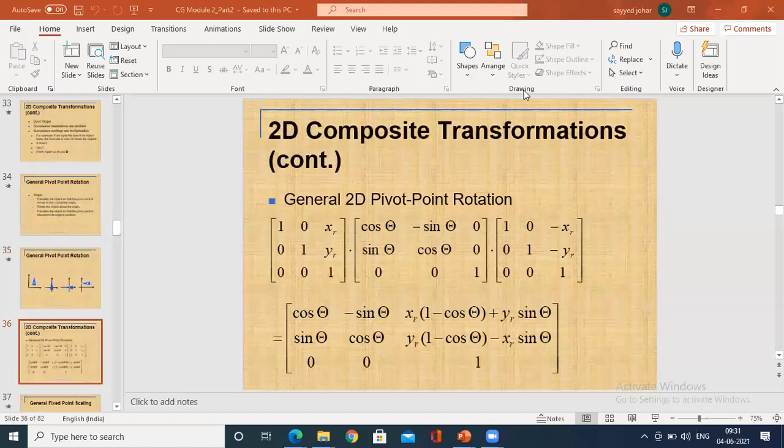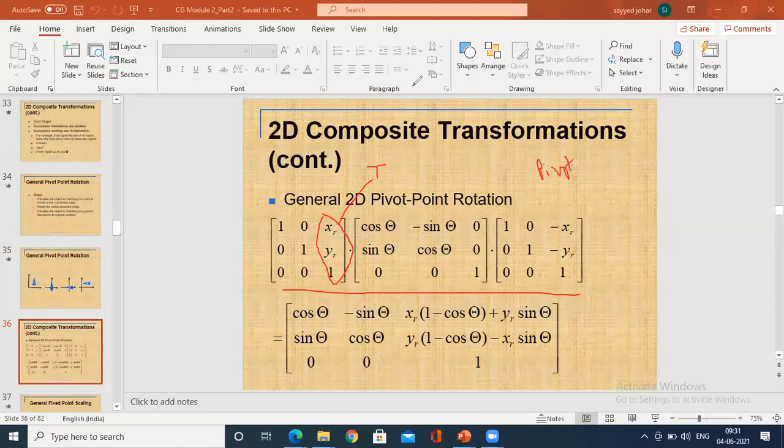So first translation, when you move it to the origin, this is a translation matrix using the homogeneous system, with XR, YR to the origin. This matrix you need to remember to write your program, two-dimensional pivot point rotation. Remember, it is not fixed point rotation, it is a pivot point rotation.